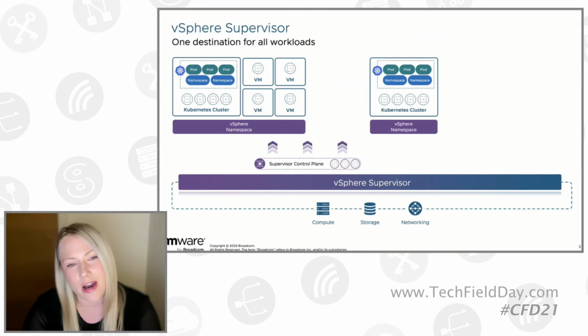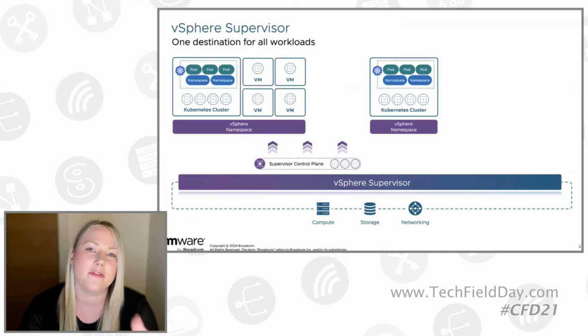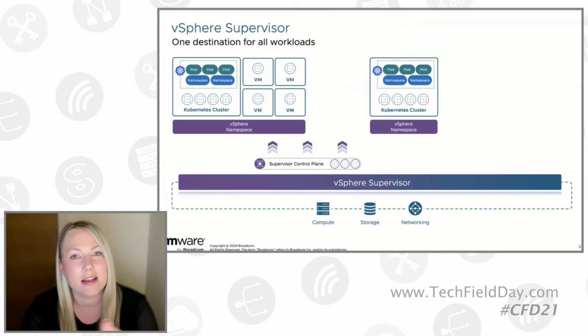These not only provide resource boundaries or allocations, but also give the VI admins the power to set governance and management policies, for example determining certain types of access to storage or networking settings.